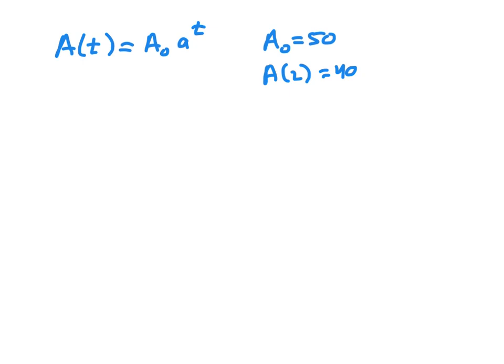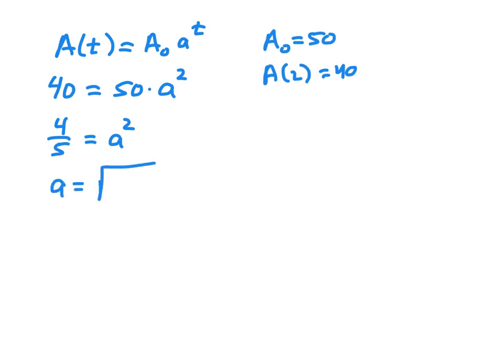We can now substitute these values into our model and solve for the decay rate a. So when we substitute, we will get 40 equals 50 times a squared. If we divide both sides by 50, on the left side we get 40 divided by 50, or 4/5, and that's equal to a squared. To find the value of a, we can simply take the square root of 4/5, or we can take the 1/2 power.